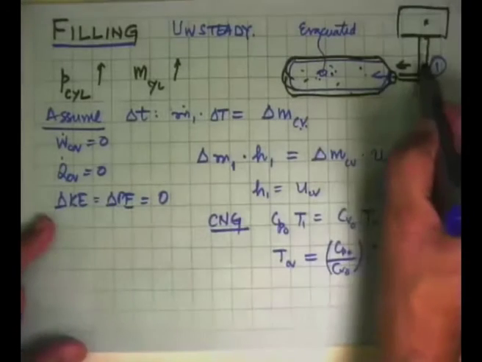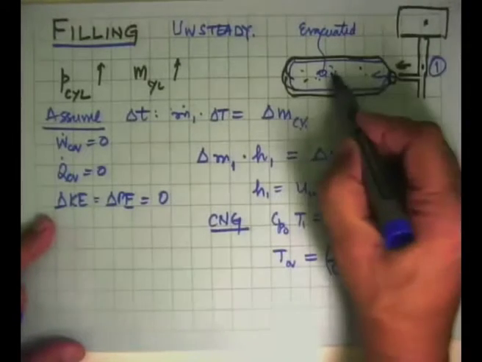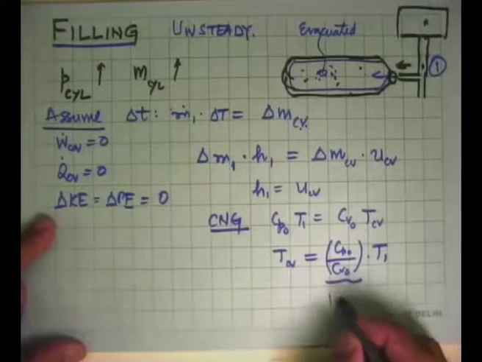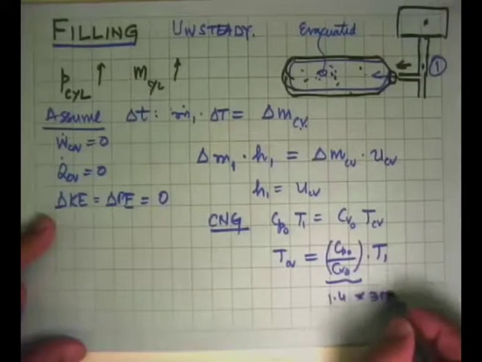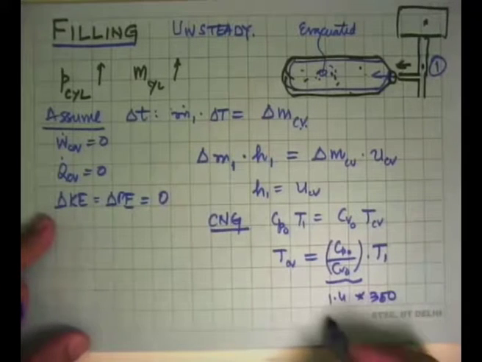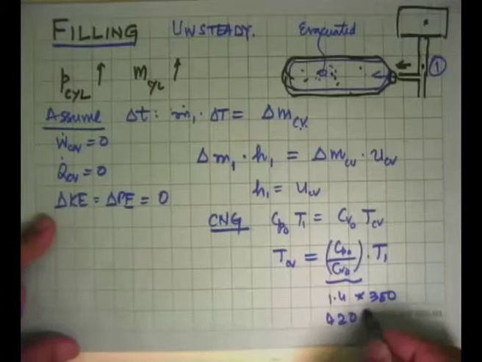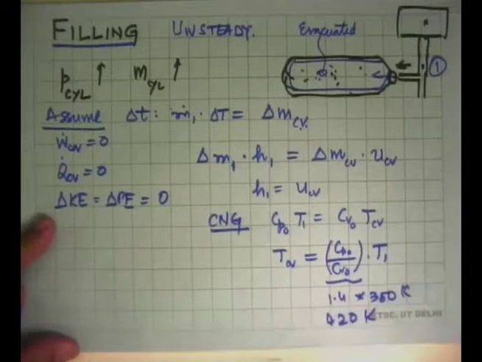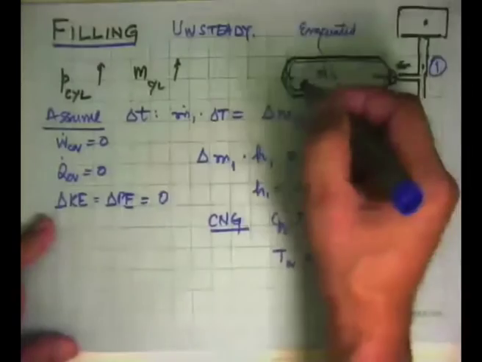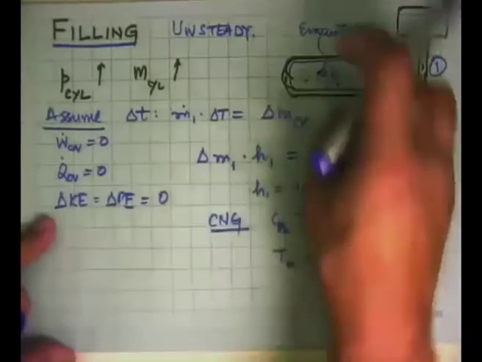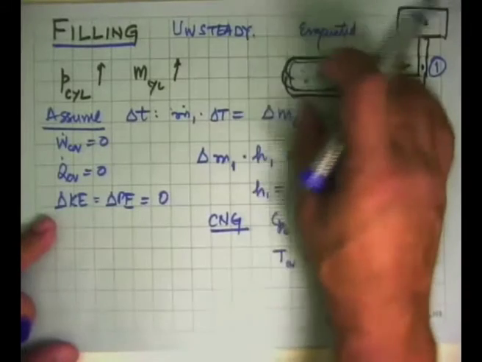If this is ambient temperature, it means that this gas here will increase by 1.4 times the absolute value. So this becomes 1.4 into say 300, and that order becomes 420 Kelvin approximately. So the temperature of the gas in the cylinder increases. And if you actually go there and touch the cylinder after filling is done, you'll find that it is quite hot.